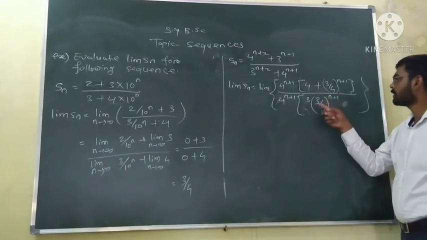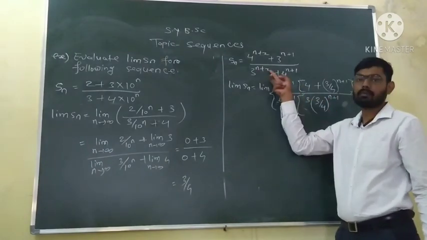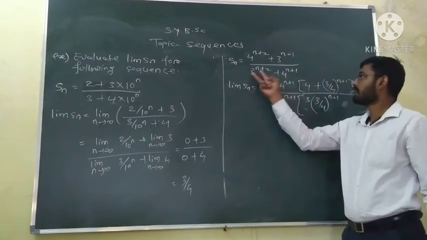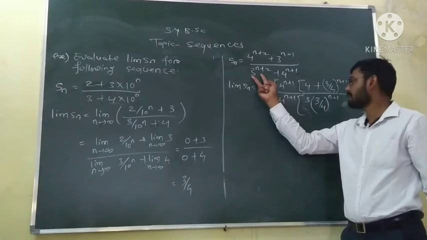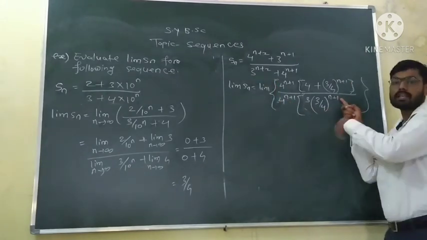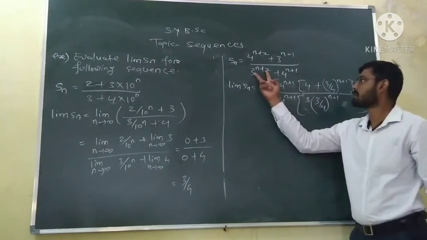Why have we written it like this? Because 3 raised to power n plus 1 into 3 becomes 3 raised to power n plus 2, and we have taken 4 raised to power n plus 1 common, so we have divided by 4 raised to power n plus 1 so that it gets cancelled. So remains only 3 raised to power n plus 2.